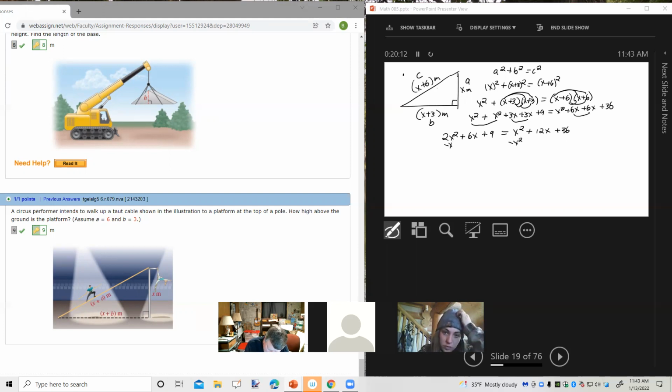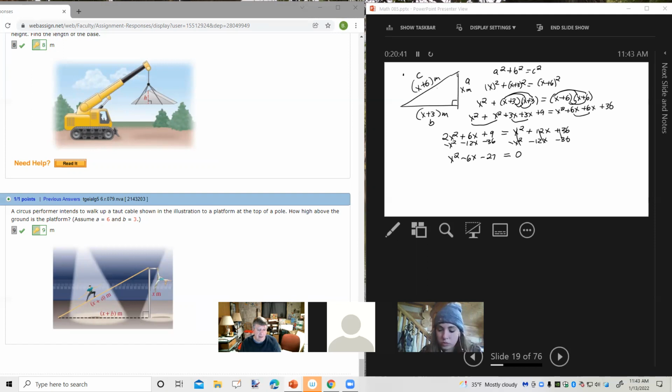So I'm going to subtract x squared from both sides, subtract 12x from both sides, and subtract 36 from both sides. 2x squared minus x squared is x squared. 6x minus 12x is minus 6x. And 9 minus 36 is minus 27 equals 0.